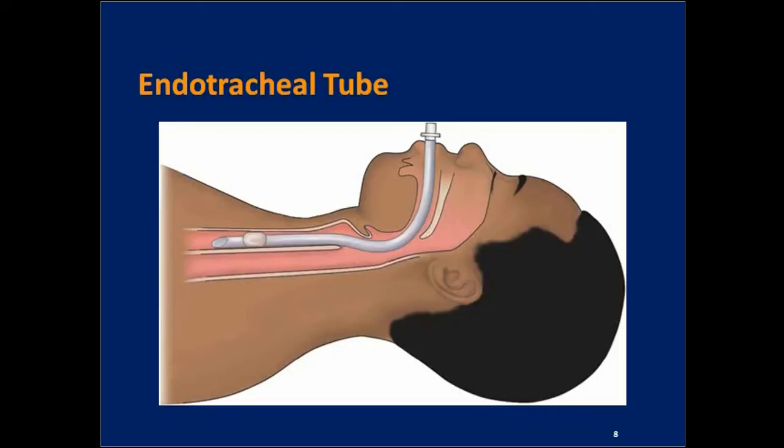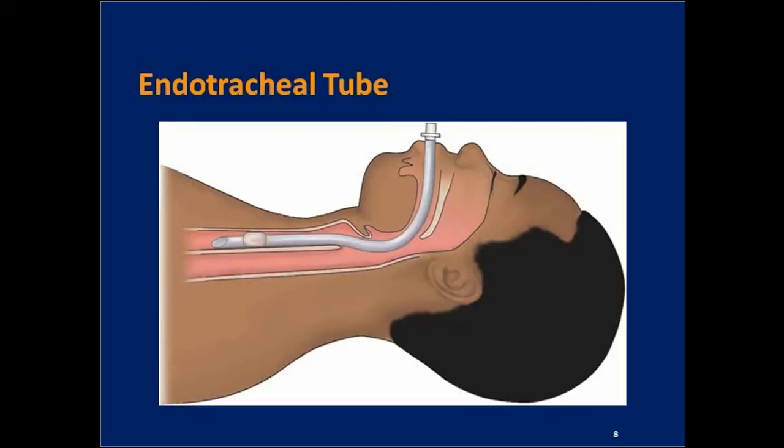So the main point here is that we want that tube to stay in place. We don't want it to become accidentally removed. We don't want the patient to pull it out. So you have to be very aware of your patient's cognitive state, their ability to follow commands. Sometimes intubated patients will be restrained to keep them from pulling at their tube.